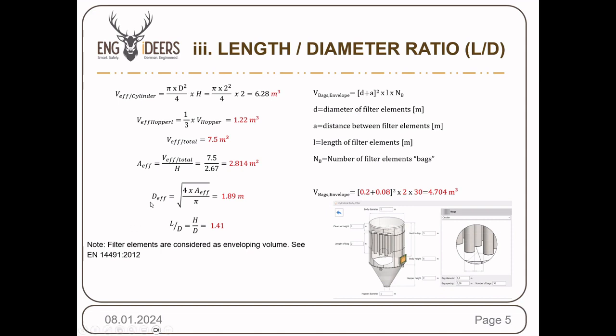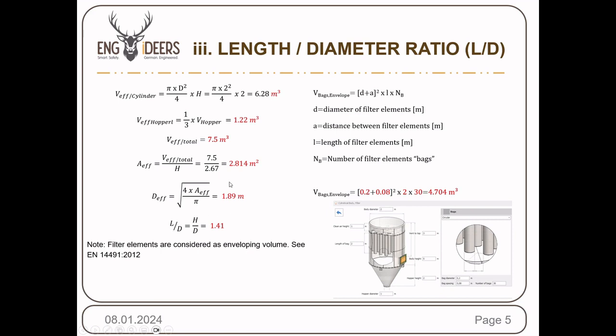The effective diameter for the length over diameter calculation is then calculated by the square root of 4 times the effective area divided by pi, and this is 1.89 meter as an effective diameter.